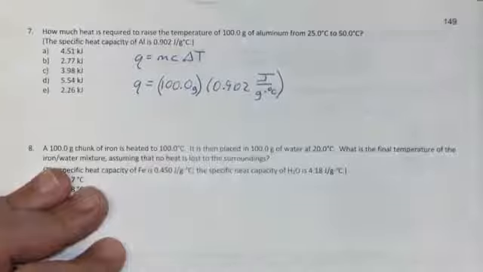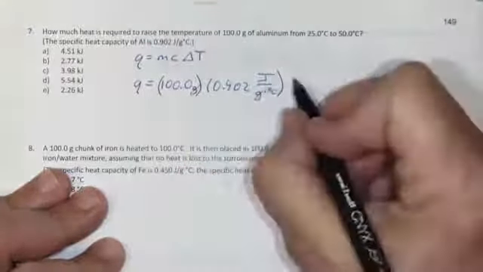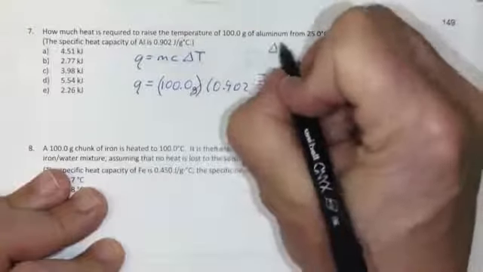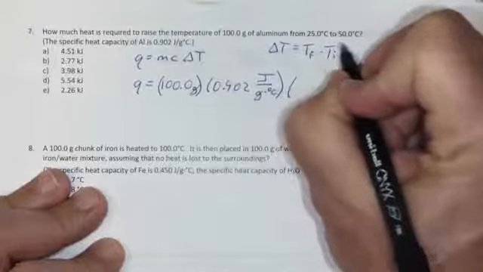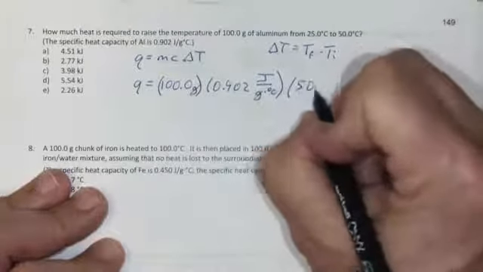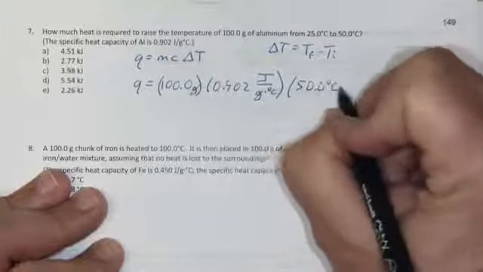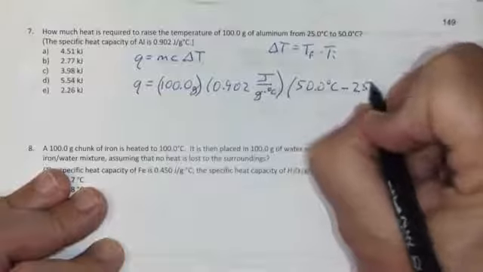It's easier to keep track of the units. And you can see that the units of grams cancels. Delta T, remember that delta T is always equal to T final minus T initial. Okay, so the final temperature is 50 degrees C, and the initial temperature is 25 degrees C.